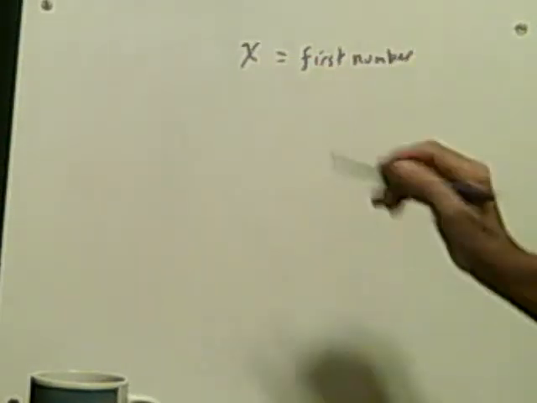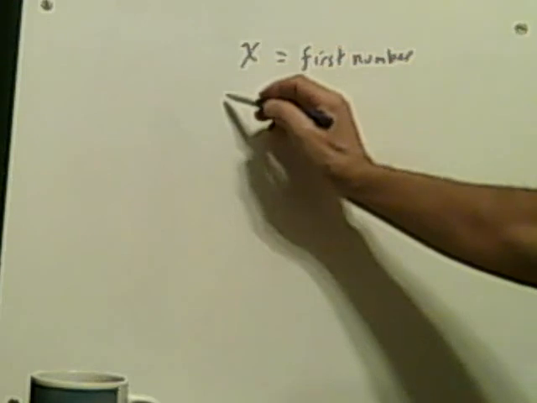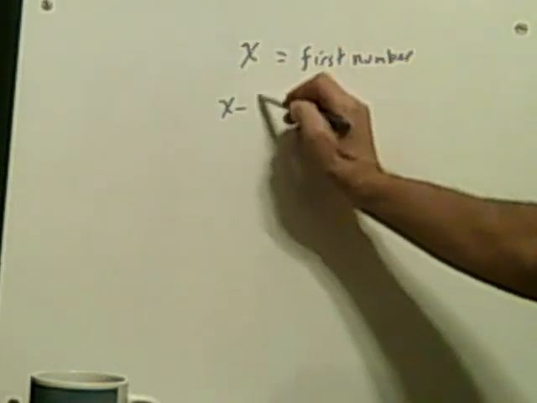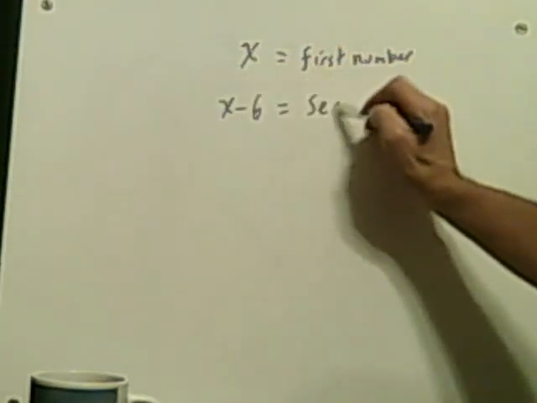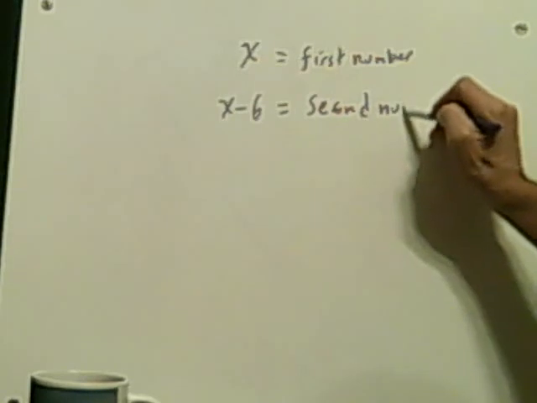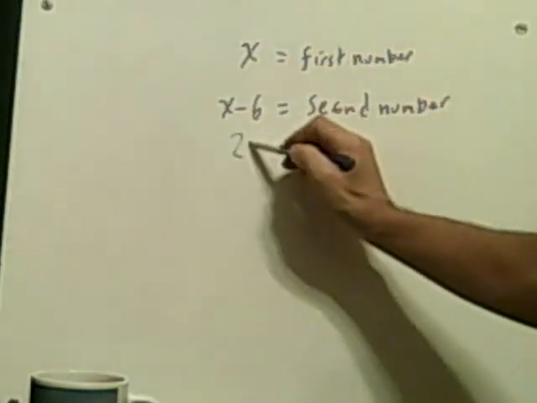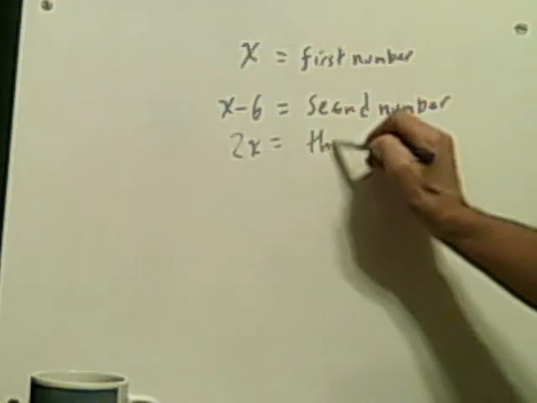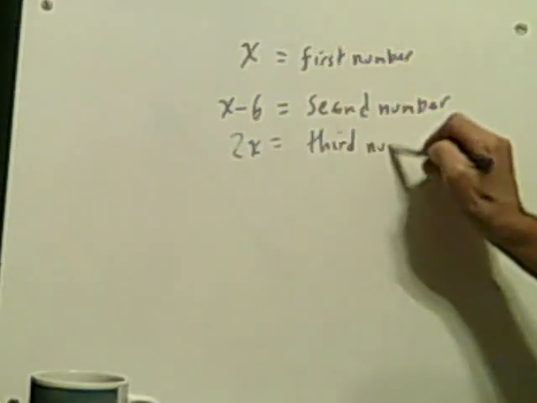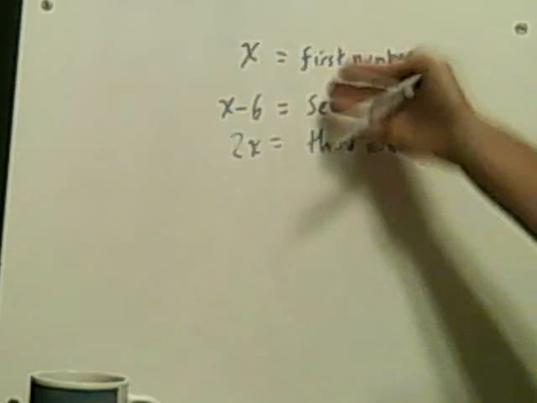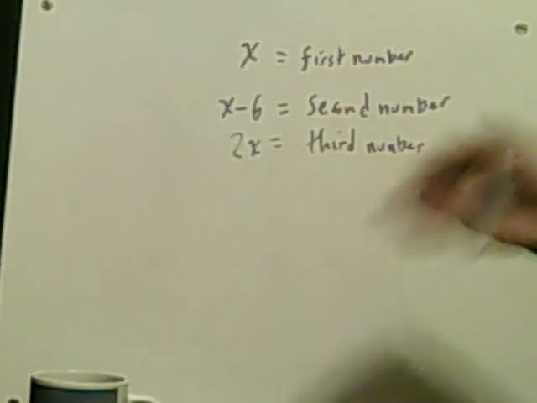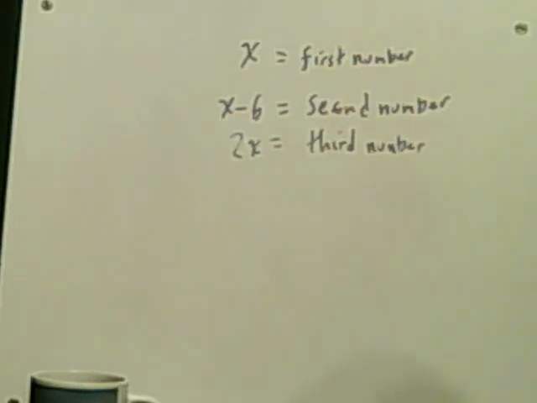Then they say a second number is 6 less. So I'll just say x minus 6 equals the second number. A third number is twice the first number. So that's 2x is equal to the third number. I just gave these some names to help me understand it. If the sum of the three numbers is 306, find the numbers.